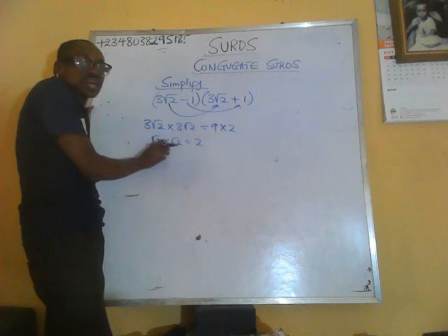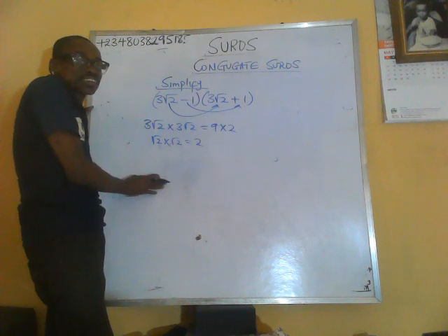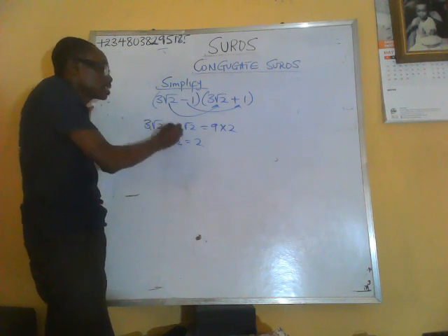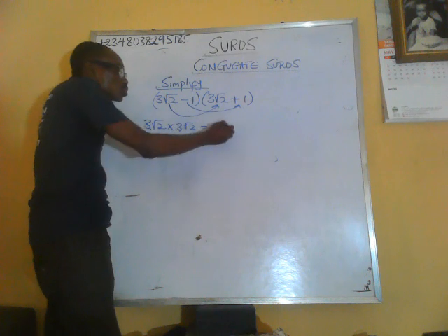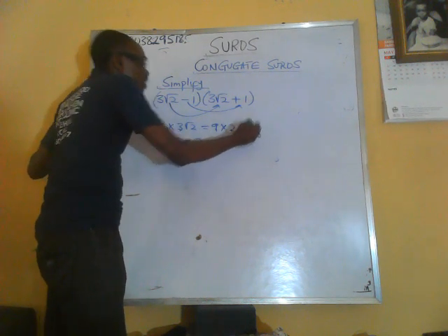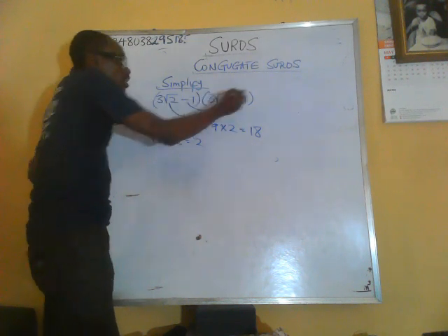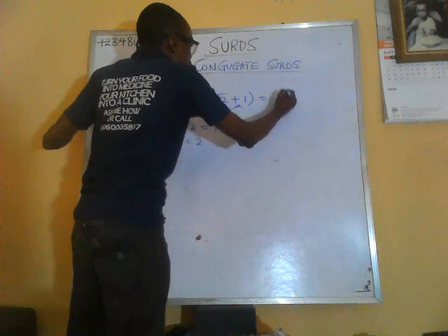When a root is multiplying a root, that root sign will disappear. You have a number. So 3 times 3 is 9, root 2 times root 2 is 2. So at the end of the day, this gives us 18. So 3 root 2 times 3 root 2 lands us on 18.